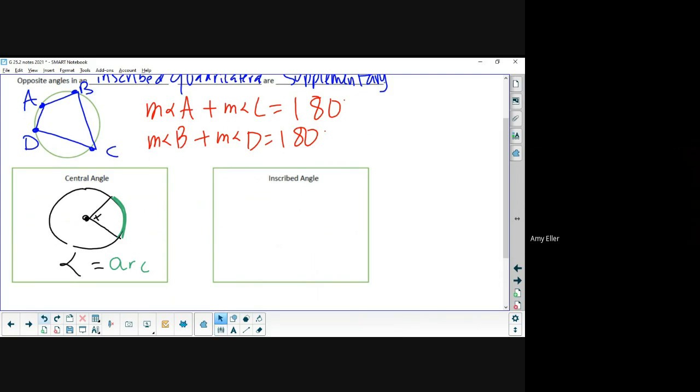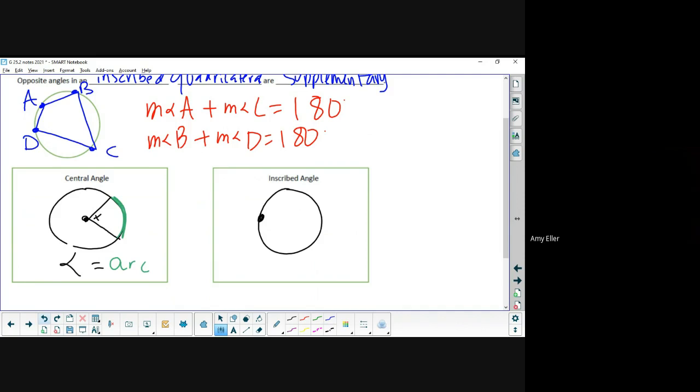Today we're going to have what's called inscribed angles. So draw a circle. I'll tell you what these look like. This time, instead of the angle being at the center, it's going to be on the circle. So pick any point on the circle you want. I'm going to go with right here.